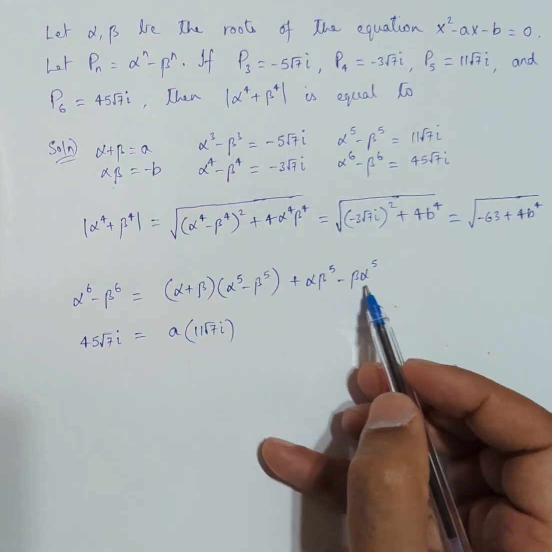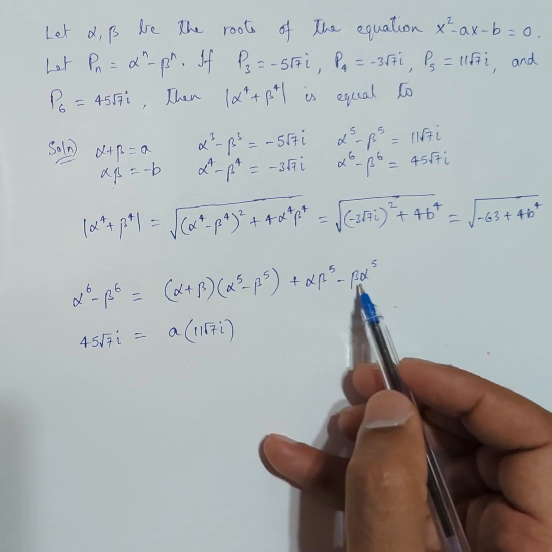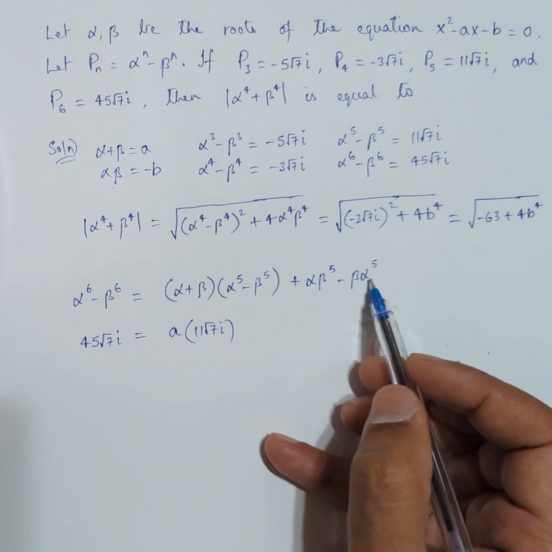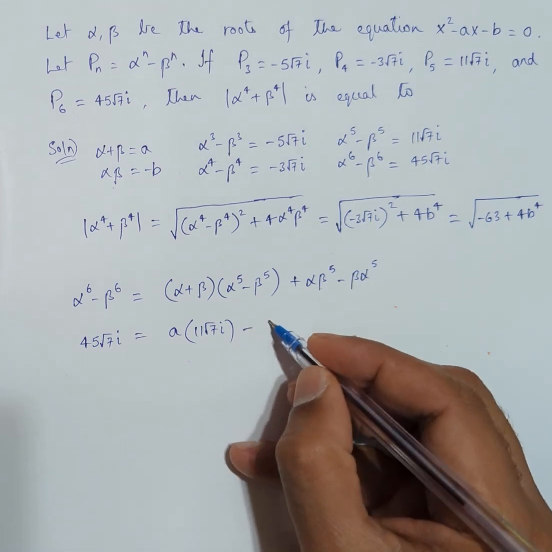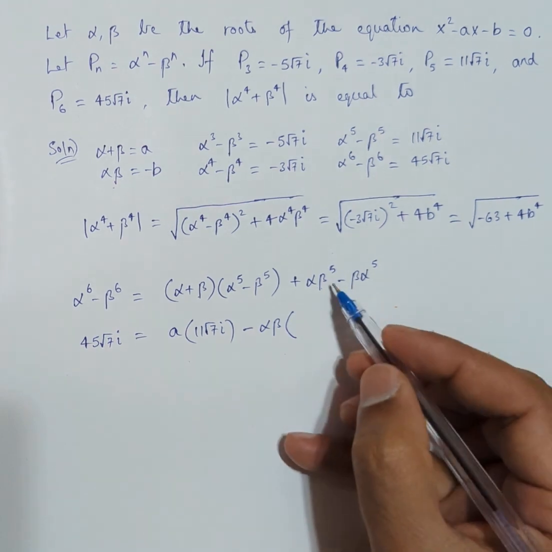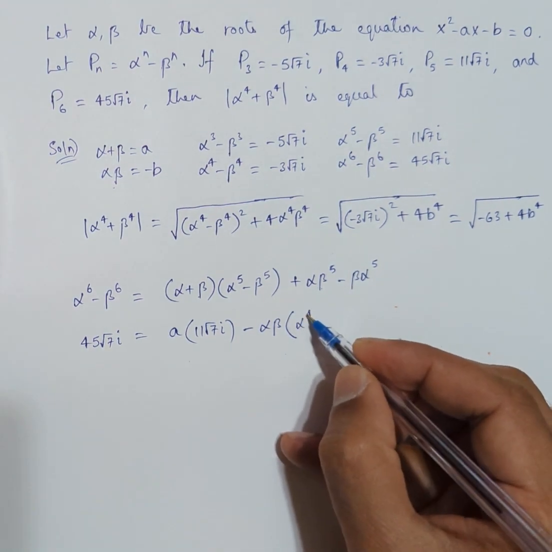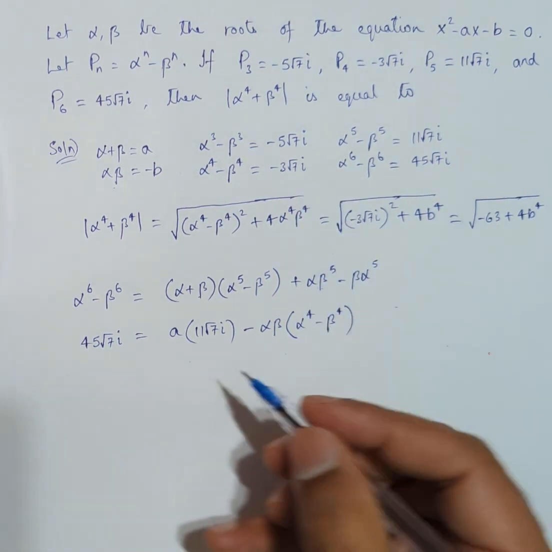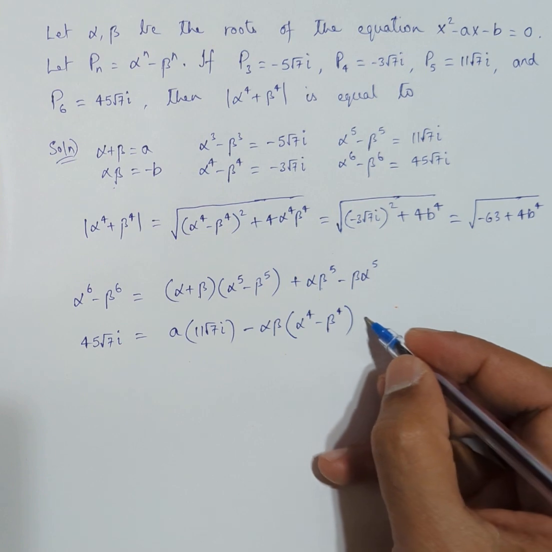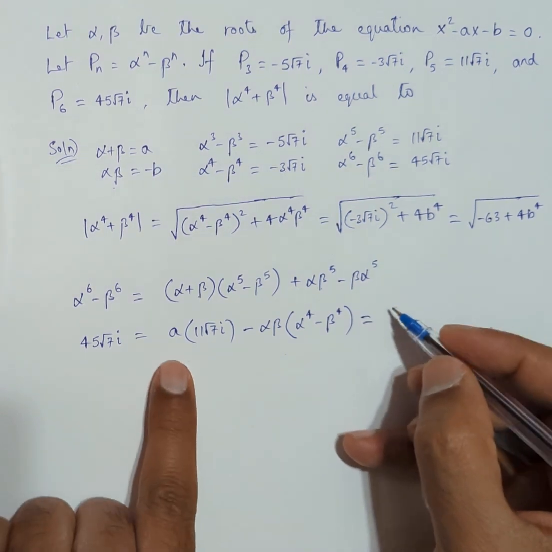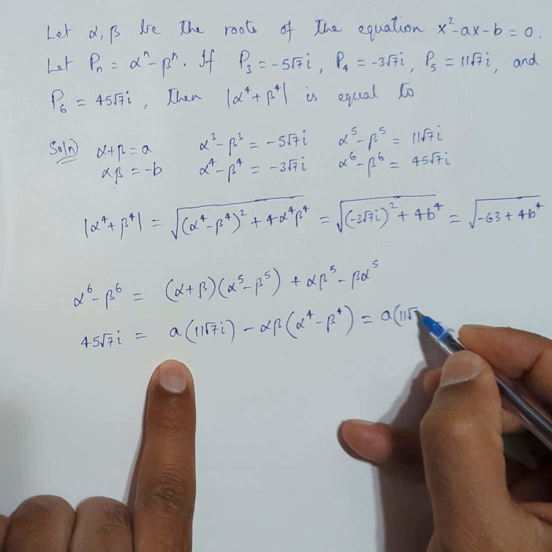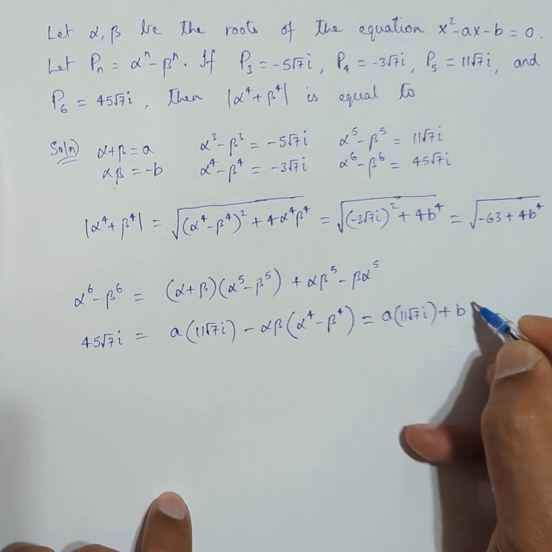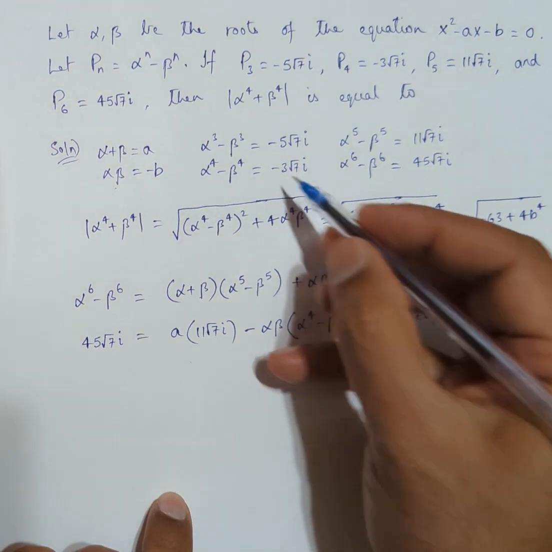And notice I can factor alpha beta. If I factor alpha beta, I would get beta to the 4 minus alpha to the 4. So let me factor minus alpha beta. Then what I get is alpha to the 4 minus beta to the 4. That way I can plug that in. So what I'm getting is a times 11 root 7i, minus alpha beta is plus b, times what is alpha to the 4 minus beta to the 4?